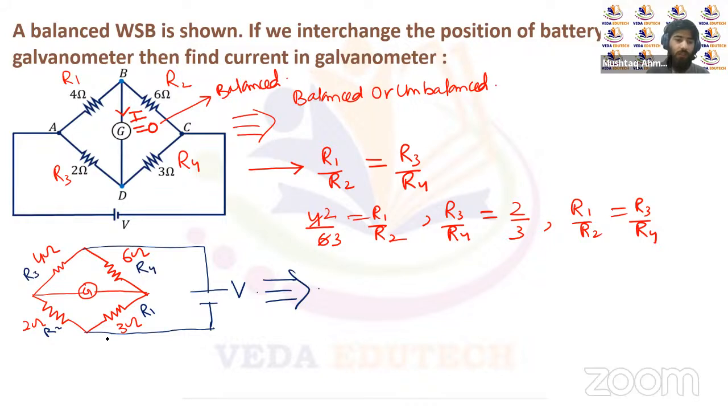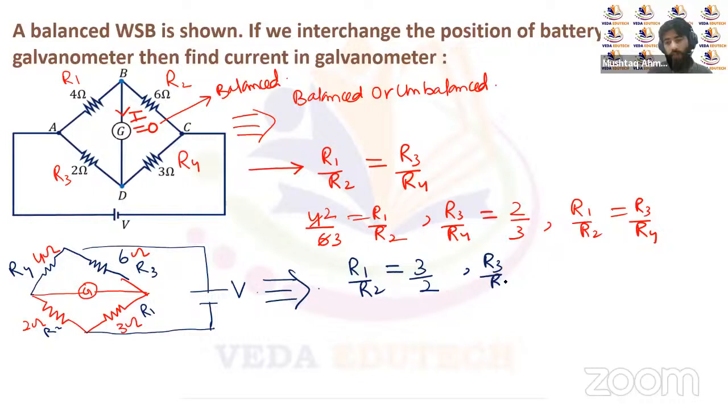If we still calculate the value of the resistances here, R1 over R2 has to be equal to 3 over 2. And if we once again calculate R3 over R4, this is the 6 ohm resistor.